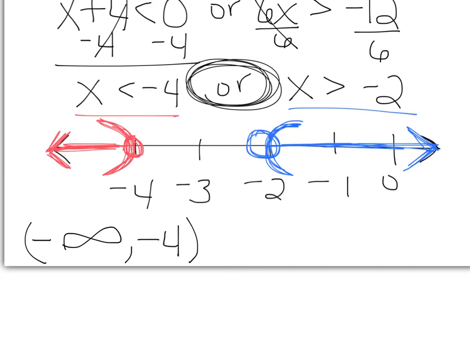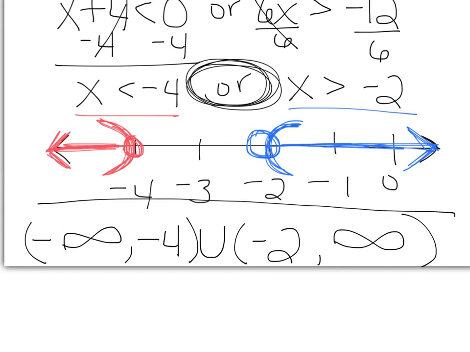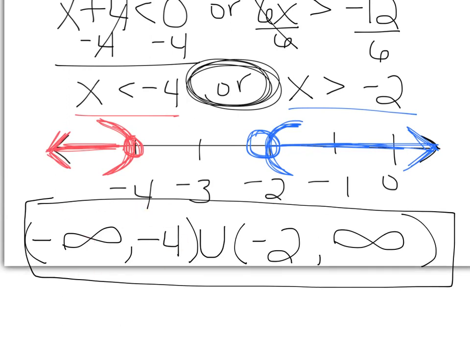And then it also goes from negative 2 to positive infinity, right? So we do parenthesis negative 2 to positive infinity. We put the union symbol between them because that means the graph is both of these intervals. Negative infinity to negative 4, and then also negative 2 to infinity.